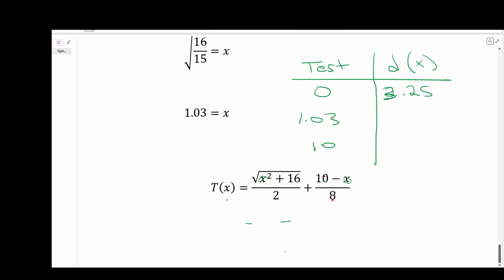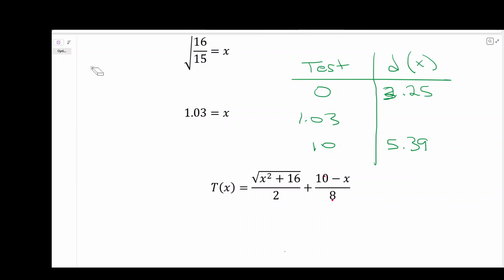If I sub 10, I get 116 divided by 2 plus 0. So the square root of 116 divided by 2. I remember typing those exact numbers in my calculator already. So this is technically 5.39 hours. Again, it's not recommended. It's longer by more than 2 hours.